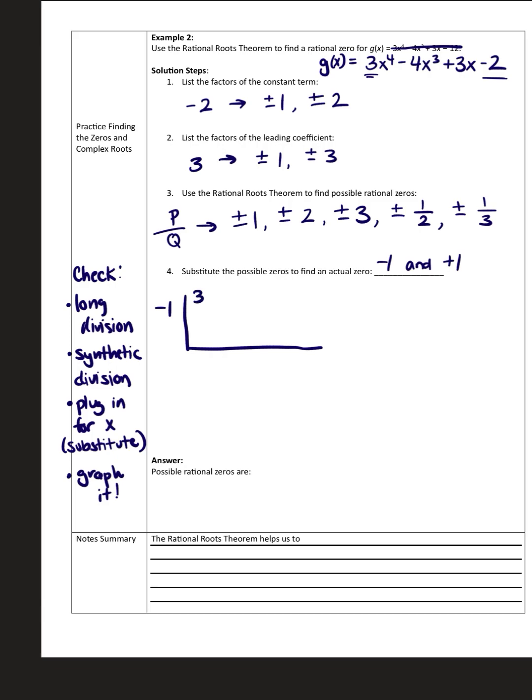I'm going to start with -1, and I'm going to do some synthetic division. So I'm going to have a 3 with a -4 here. I need to put a placeholder in for x squared, a 0. Then I have a +3 and a -2.